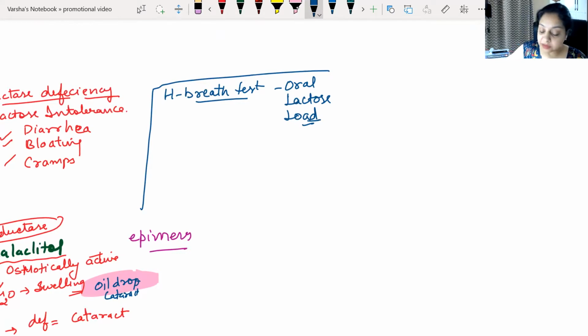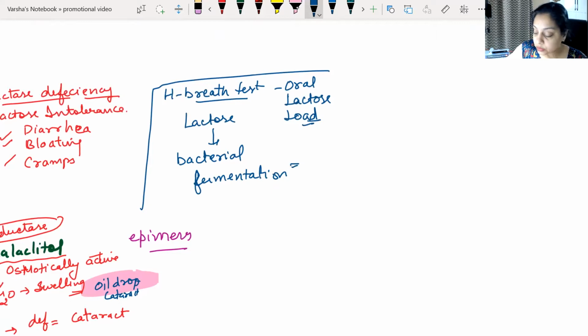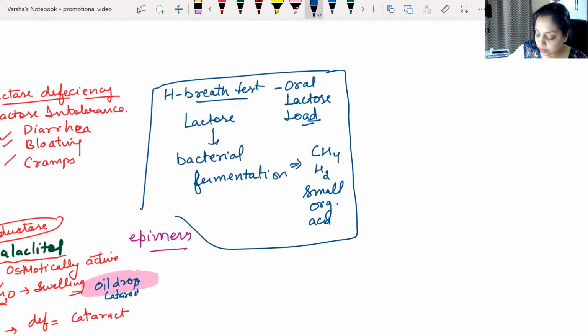Because when the lactose is not getting digested, bacterial fermentation is going on, and that leads to the synthesis of methane, hydrogen, and small organic acids. That is how it can be tested by the hydrogen breath test.